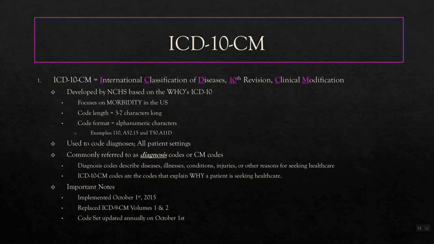Since ICD-9 was created in the 1970s, and ICD-10 was implemented in 2015, there was a lot of change and advances in medical science in those many decades. So we need to know why we went from ICD-9 to ICD-10, and we need to know that ICD-10-CM replaced ICD-9-CM volumes 1 and 2.